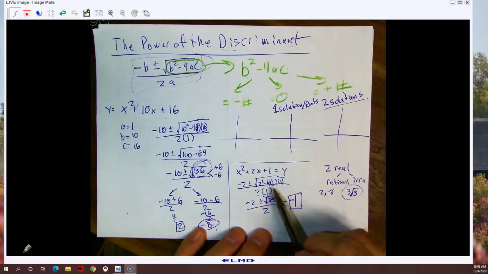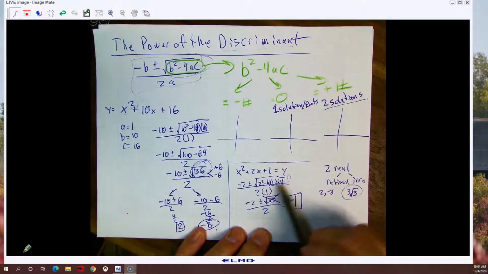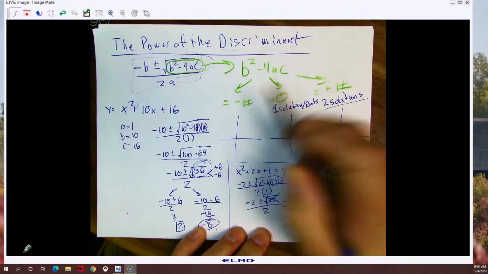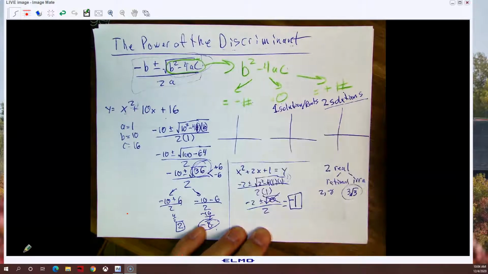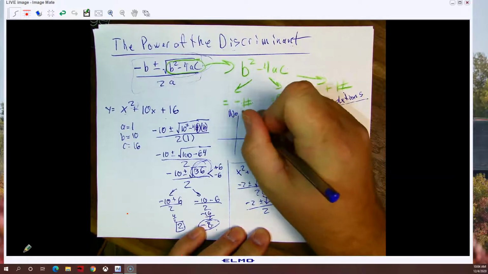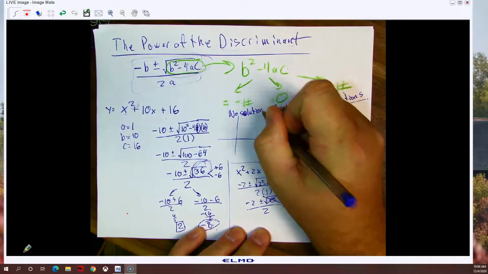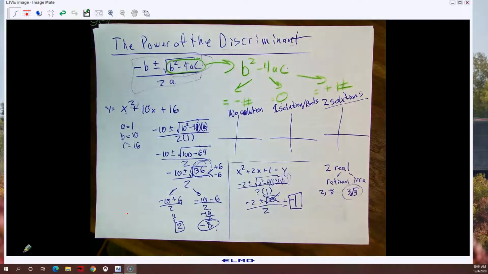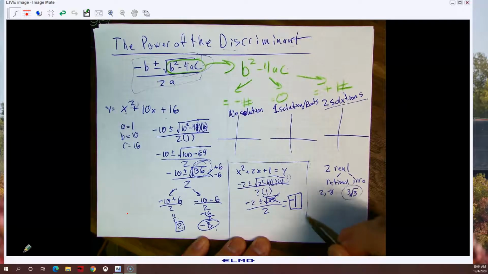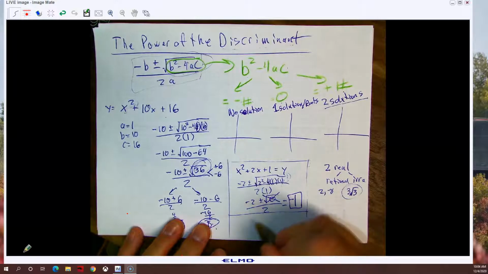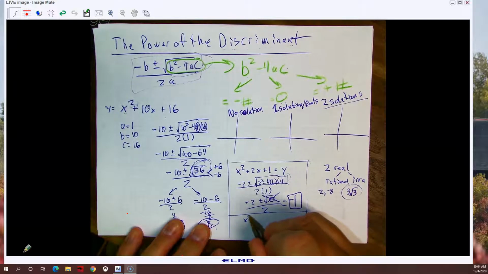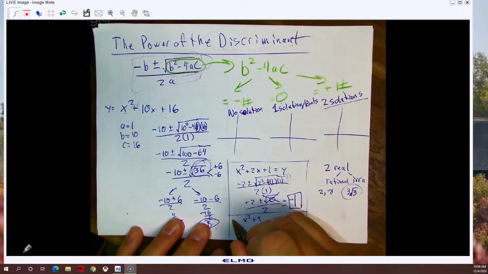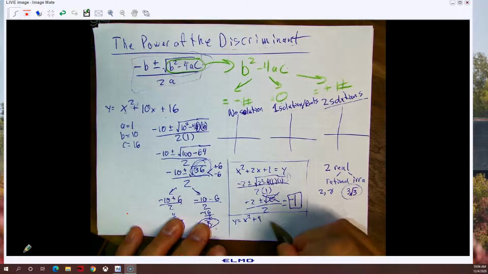And if, on the other hand, this turned out to be negative, negative numbers means there would be no solution because you can't take the square root of a negative. Now, that's not entirely true, because if I get a negative under a square root, there is technically an answer for that. y equals x squared plus 4.